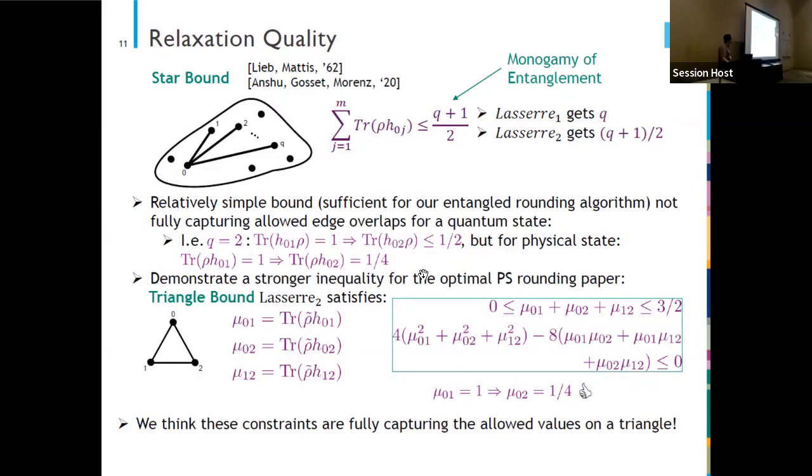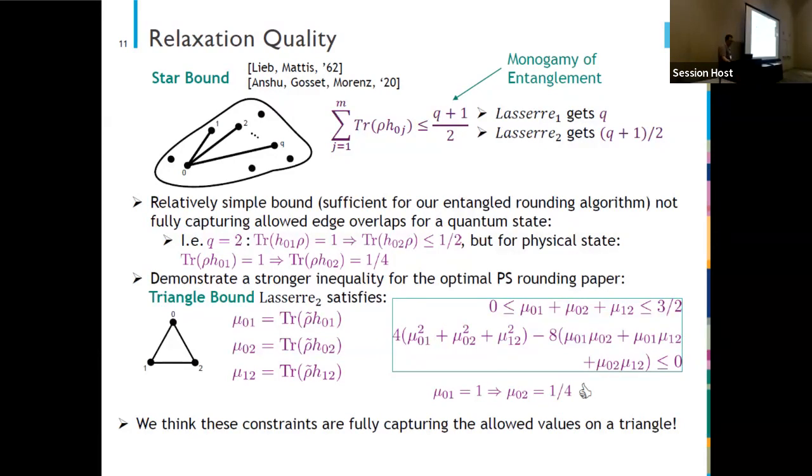So we demonstrate in the second paper this stronger thing we call the triangle bound, which is if I have overlaps defined from one of these Lasserre 2 pseudo-densities, then they satisfy these inequalities on the right. I mostly wrote them down just so you could see that they're not too complicated.